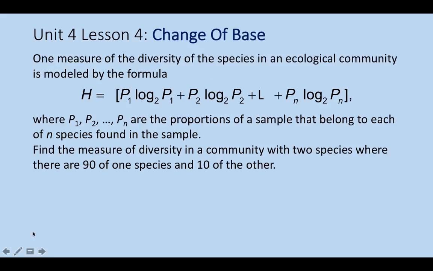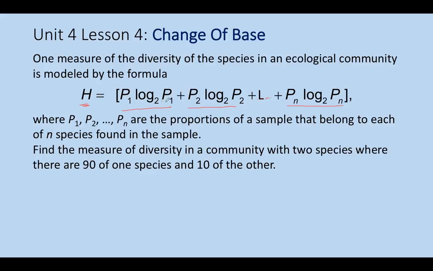We'll skip over to the last application question. So here we're measuring the diversity of a species. So like pH is a measure of acidity, this H value is going to be the measure of the ecological community, how diverse things are. And so P1, P2, all of these, so you've got first term, second term, dot, dot, dot, last term. So you're just going to do this as many times as we've got species.